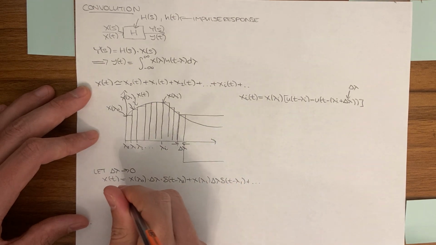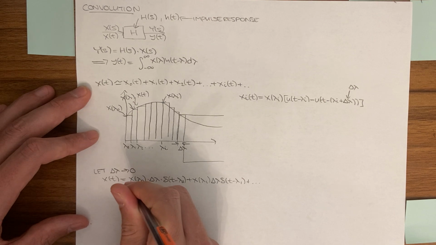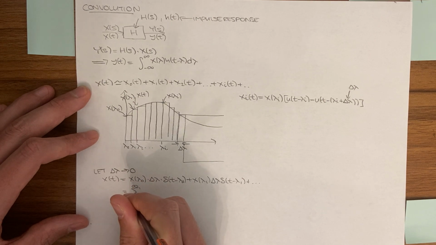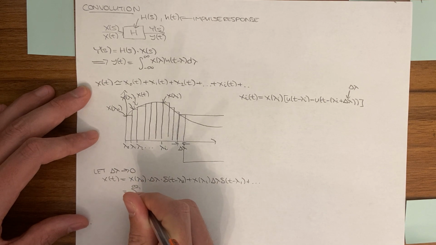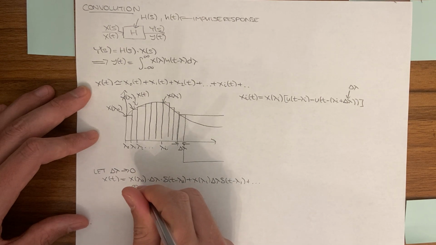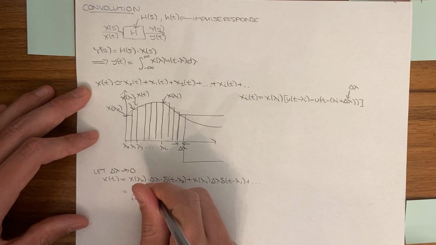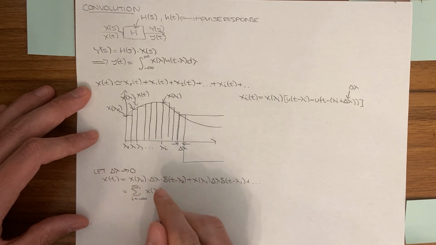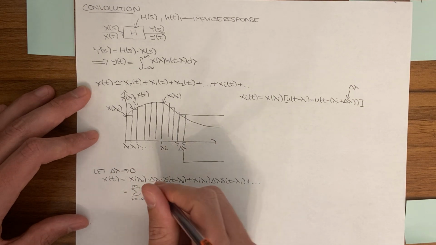We can set this up as a big summation from negative infinity to positive infinity, and so we sum up each of the scaled impulses.